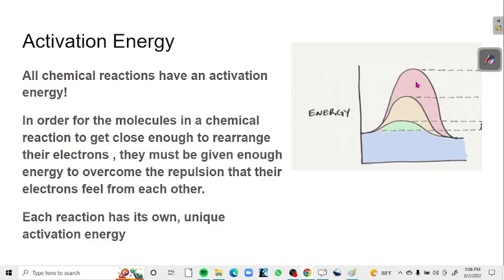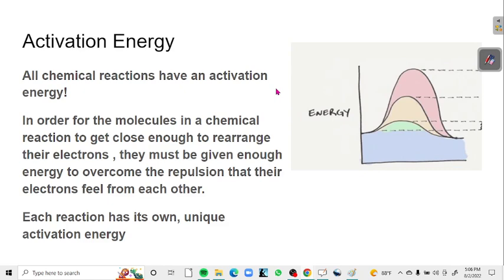And you need to be able to do that. You need to be able to tell me which one of different reactions represented by energy diagrams are using more activation energy by looking at which one has the bigger bump. That's all it is. Okay? So here it is. All chemical reactions have an activation energy.